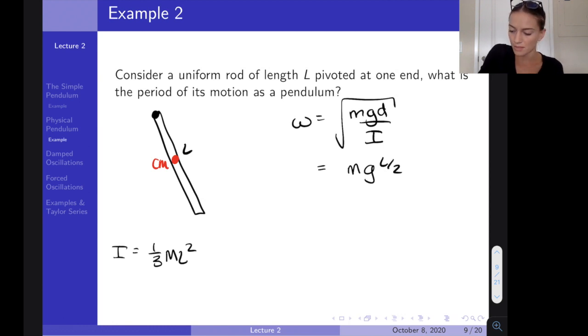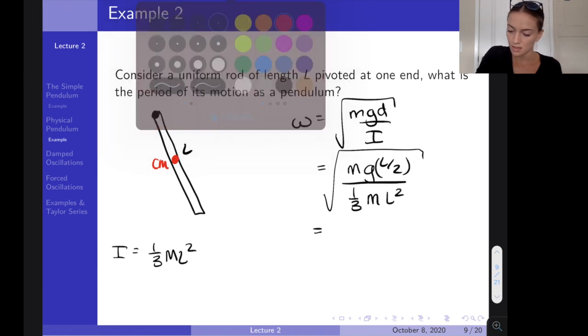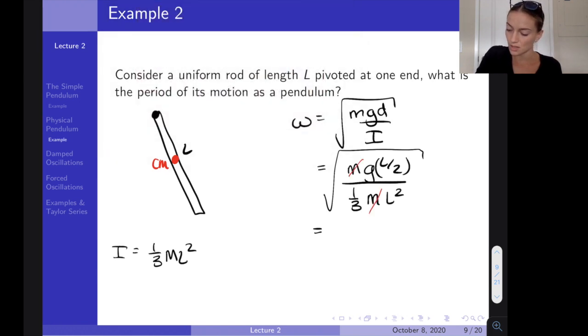It's just halfway. And then I, we said, is 1/3 mL squared. So this gives us, the m's cancel, one of the L's cancels, and we're left with 3/2 g over L for omega squared.